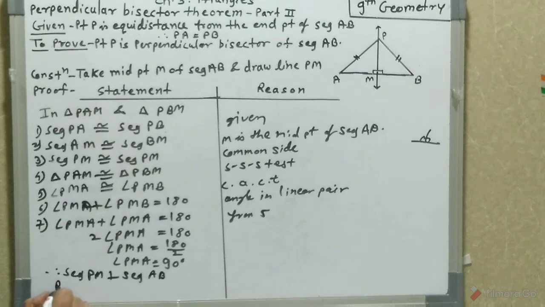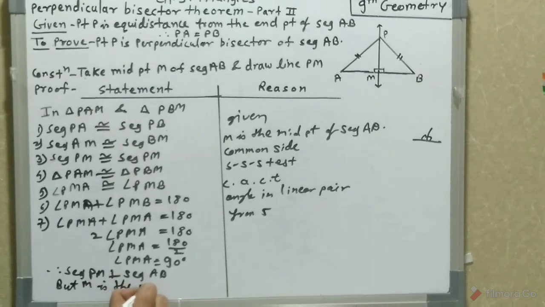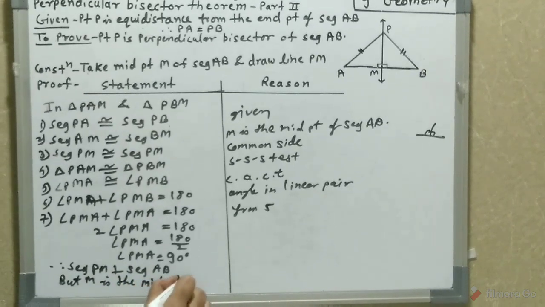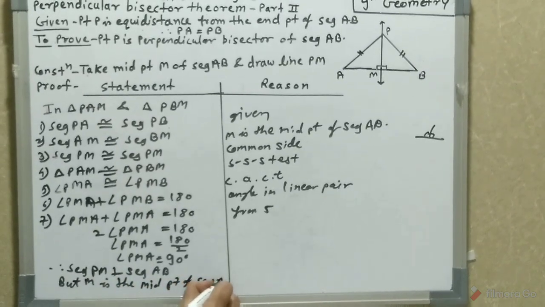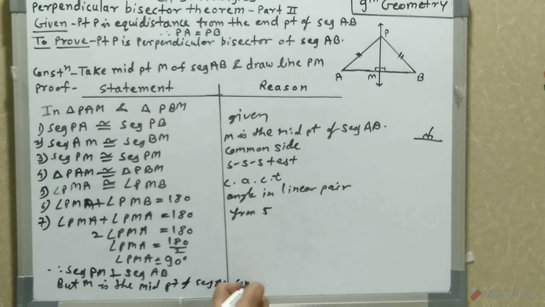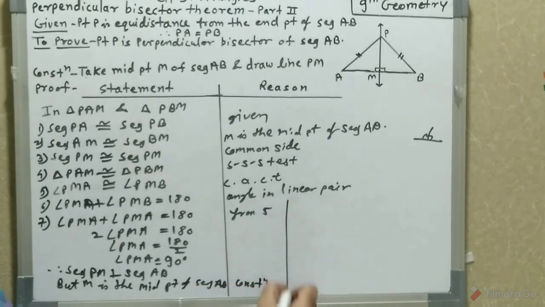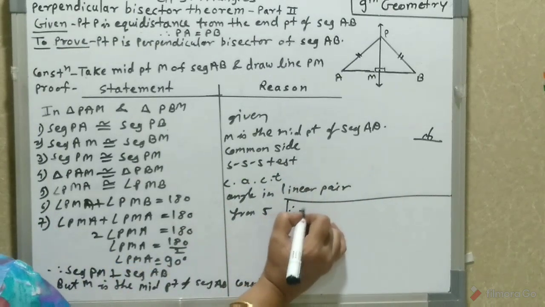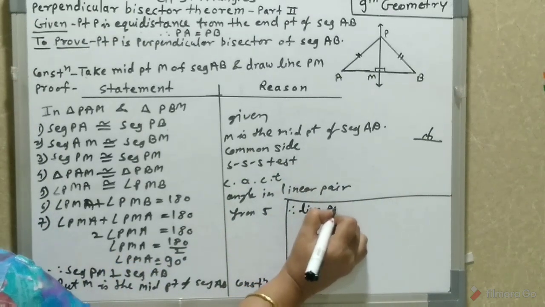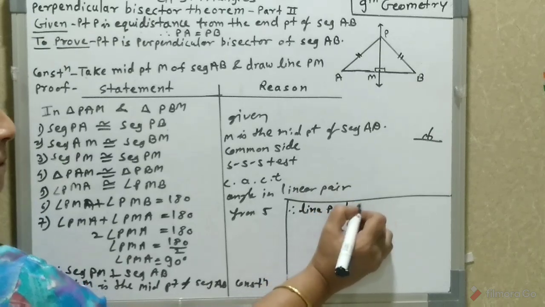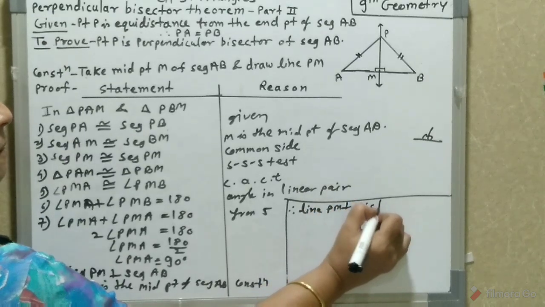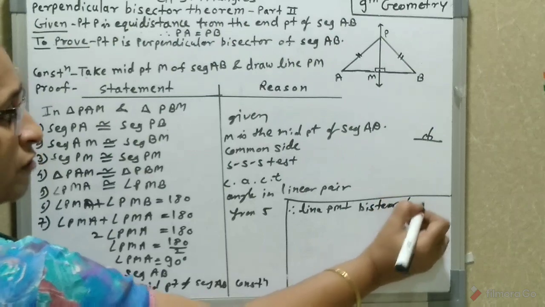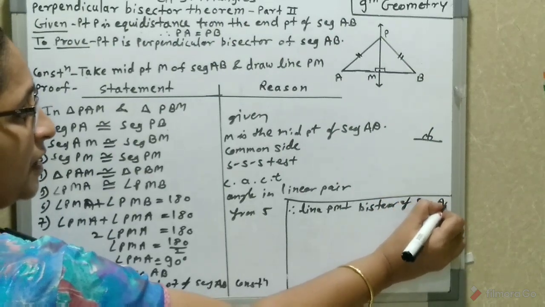But here M is the midpoint of segment AB, okay, in construction. So I write here the last statement, that is therefore line PM is the perpendicular bisector of segment AB.